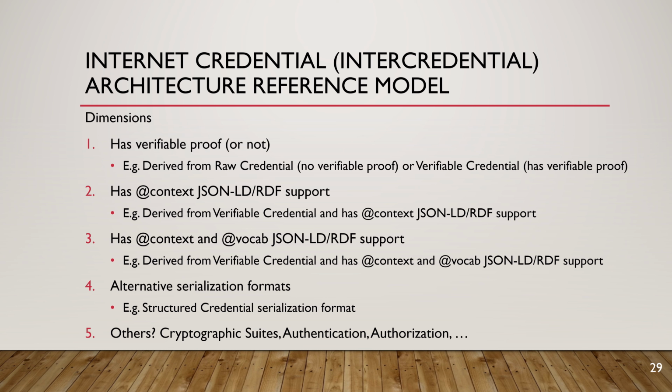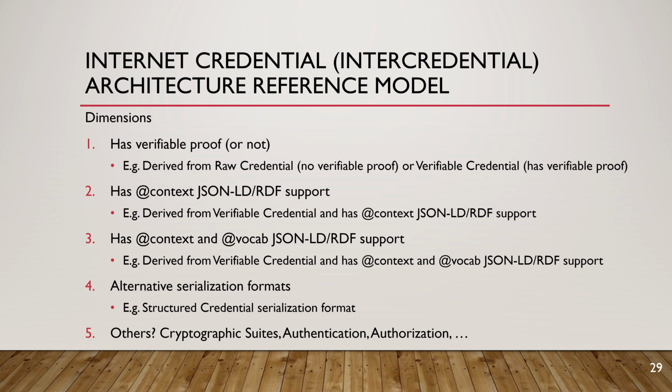This is just an initial version. I think there's at least a couple more versions of this to be had. But the first dimension is, does the credential have a verifiable proof or not? So the example is, is it derived from a raw credential with no verifiable proof, or is it a verifiable credential that has a verifiable proof?